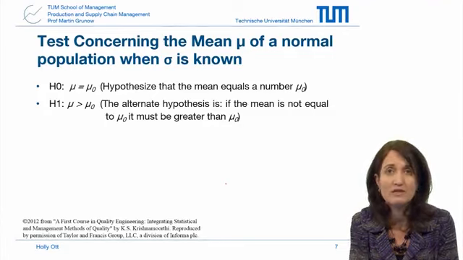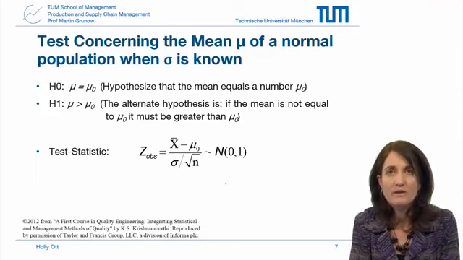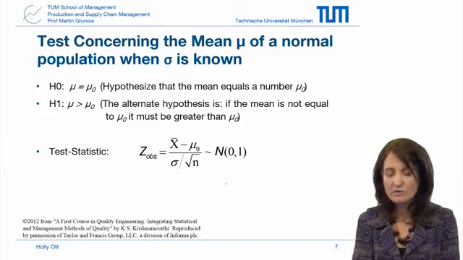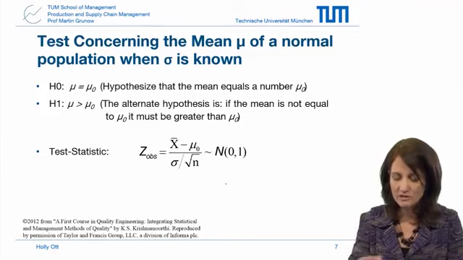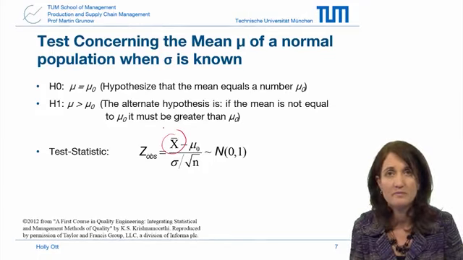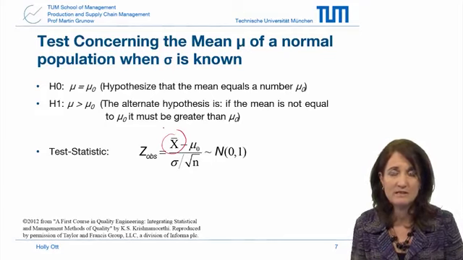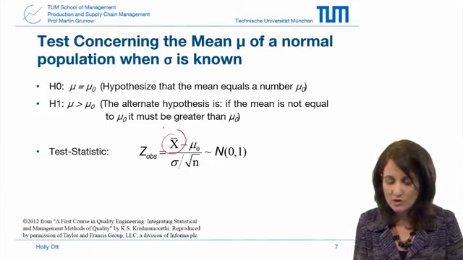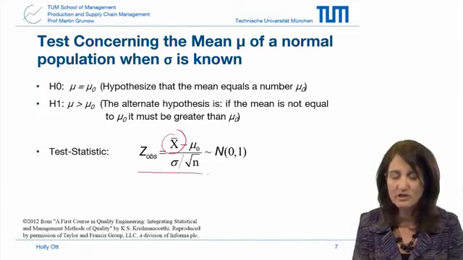Now we take a sample, and we calculate, as we did before, a test statistic. In this case, we're checking the mean of the population, so we calculate our x bar. Now, sigma is known, and as our parameter x is normally distributed, we do our transformation.